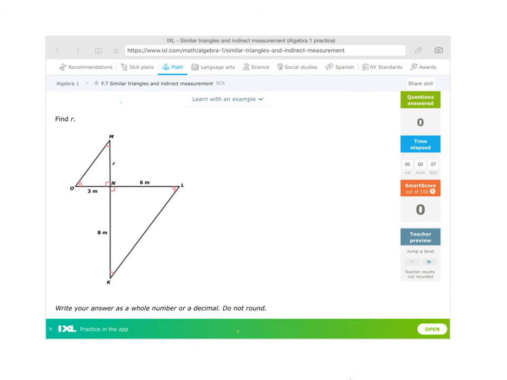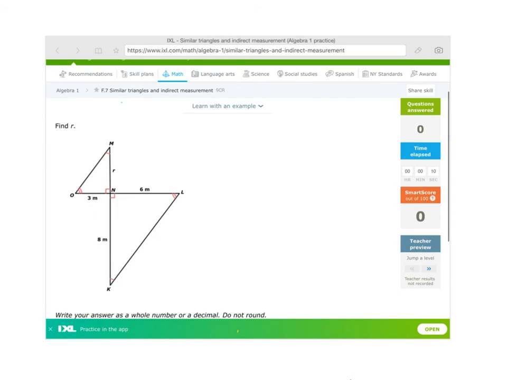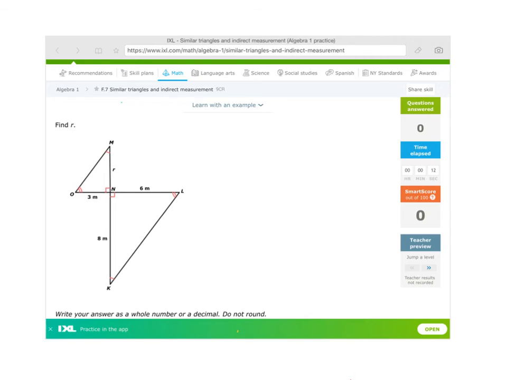So we've got this question over here. Now there's a triangle. Let me get a color for this. So there's a triangle like this. And now there's a triangle over here. And the equal angles are right here.